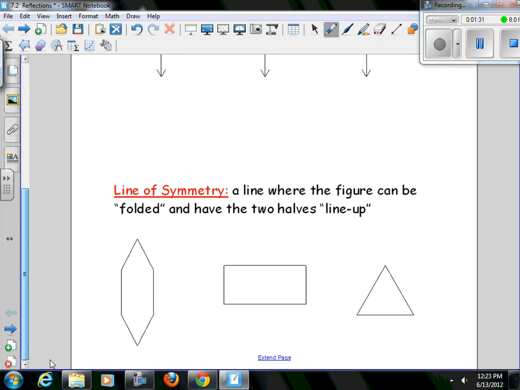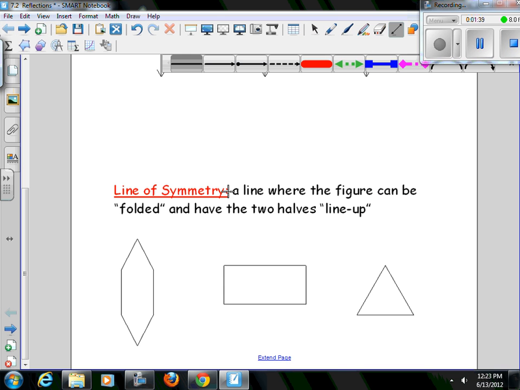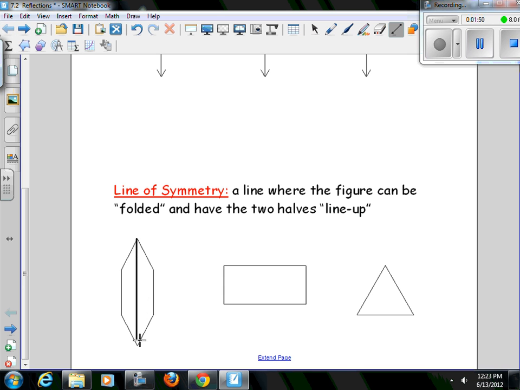Now, a line of symmetry is a line where the figure can be folded and have the two halves line up. In some figures there are many lines of symmetry, but let's just draw a few here. There would be one that would go right down the center here, if you can imagine folding that in half.